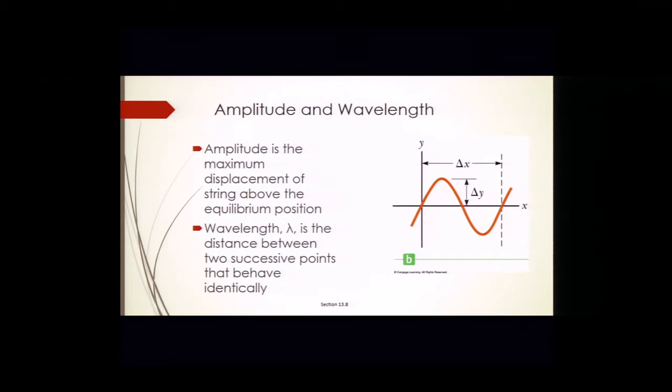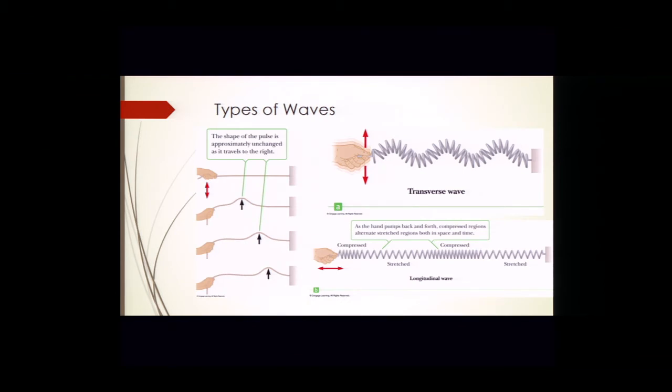In simple harmonic motion, I only worried about time. So let's go back and look at this. I only worried about time. But now this pulse not only is moving with respect to time, this pulse is now moving with respect to distance. It's moving from this end over here to this end over there.